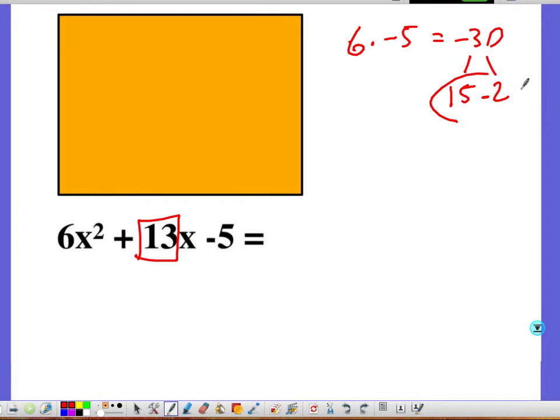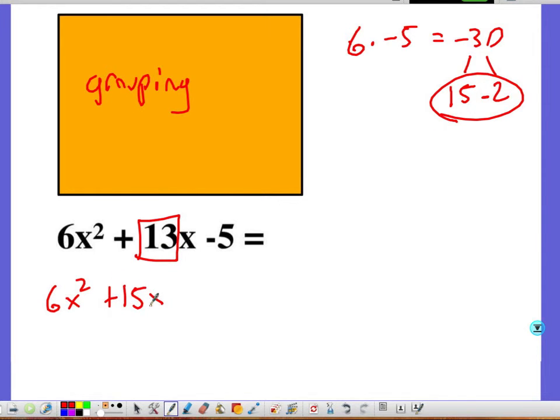So now that we have our two factors, here's where the grouping method differs. What we're going to do is bring everything down except 13x. 13x, what I just figured out, can be written as 15x minus 2x, and then bring down negative 5.